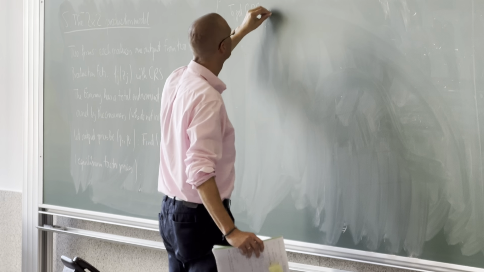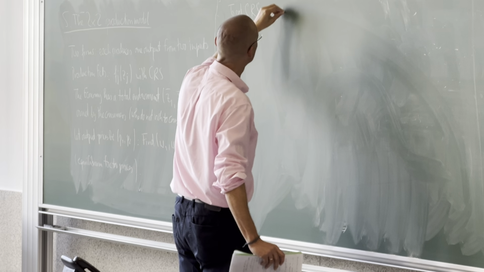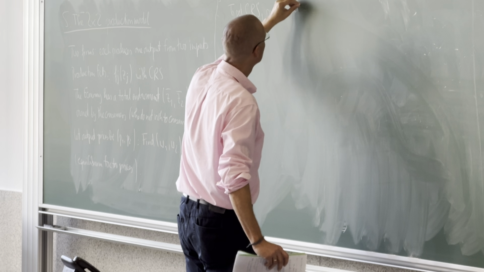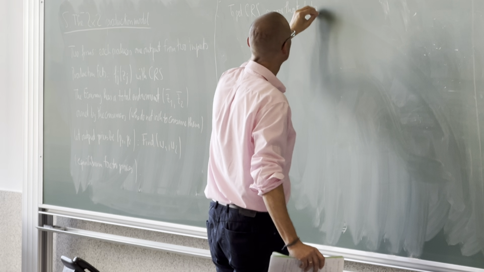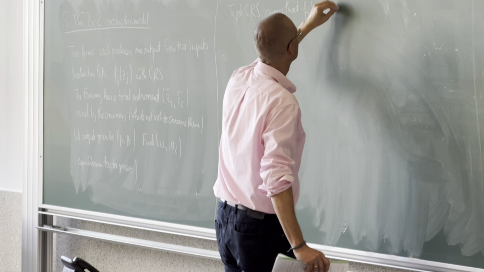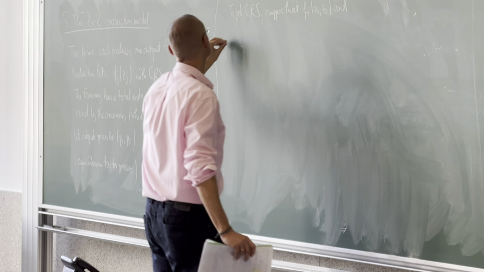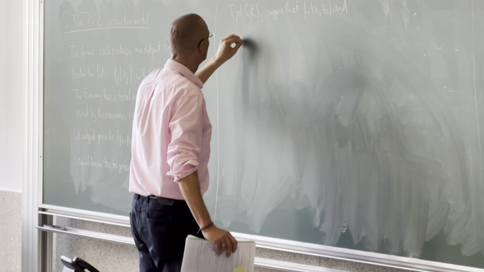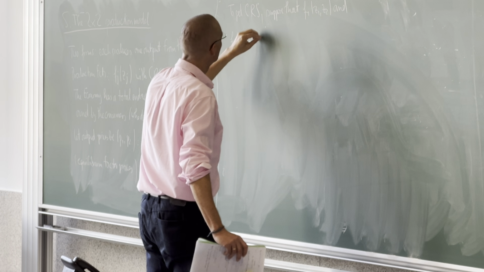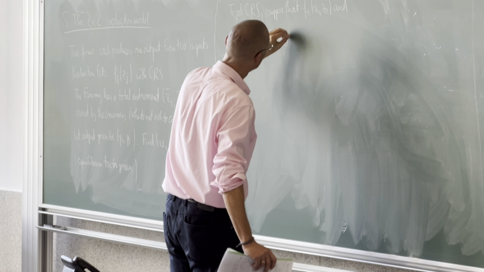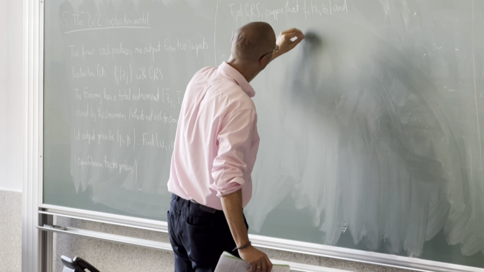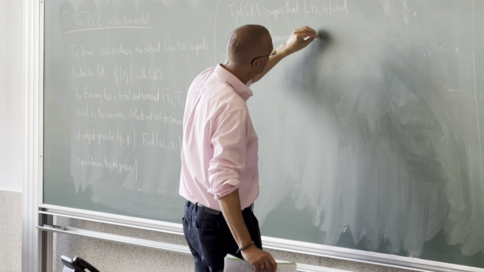Suppose that F1(Z1, Z2) and F2(Z1, Z2) are homogeneous of degree 1.